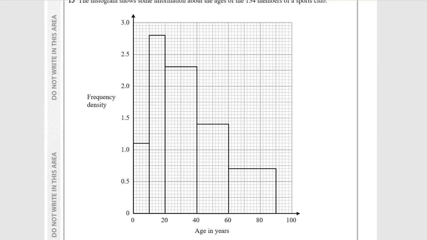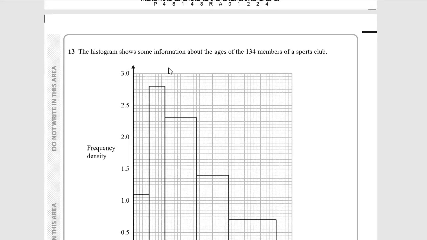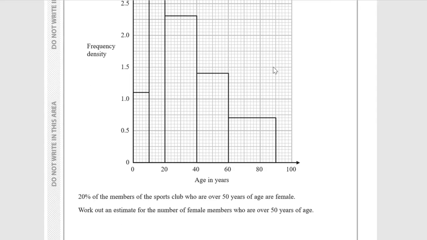Question 13. The histogram shows information about the ages of 134 members of a sports club. 20% of the members of the sports club who are over 50 years of age are female. Work out the estimate for the number of female members who are over 50 years of age.